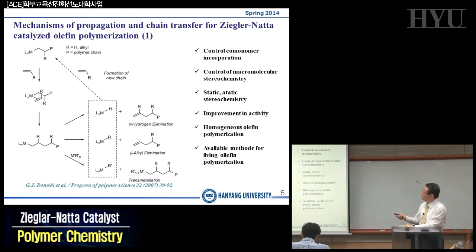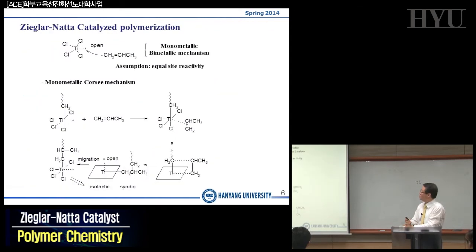In other words, if you have a growing chain, if you change your R, you can change the composition of the copolymer systems, okay? Or you can change your stereochemistry, such as tacticity, or you can improve the activity of the polymerization reactions, and so on. So this is a very important development in polymer chemistry.